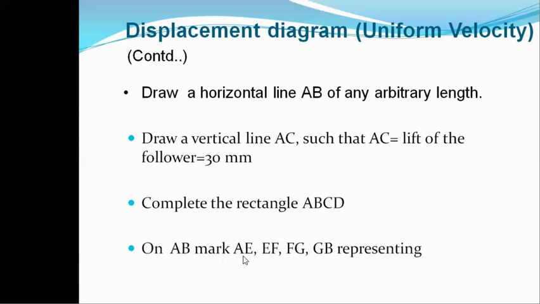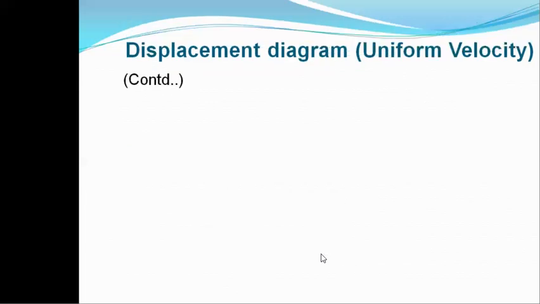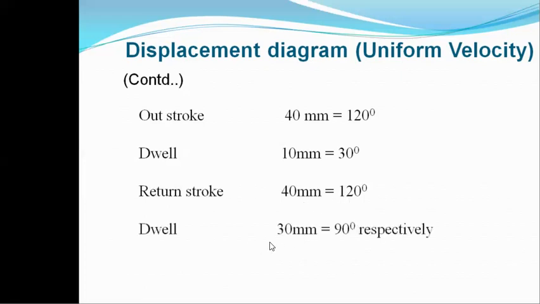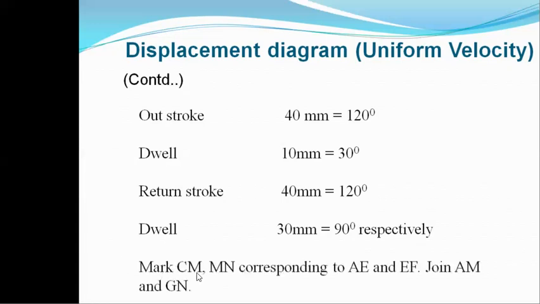On AB mark AE, EF, FG, GB, representing the outstroke 40 mm, that is as per the scale for 120 degrees, 10 mm for 30 degrees, return stroke 40 mm for 120 degrees, and 30 mm for the remaining 90 degrees respectively. Mark CM, MN corresponding to AE, EF, joining AM and GN.